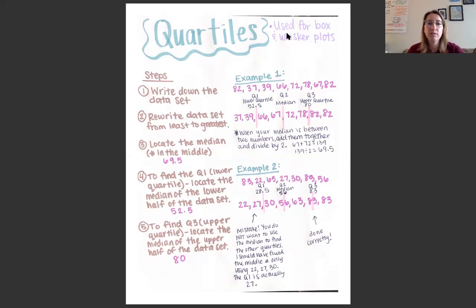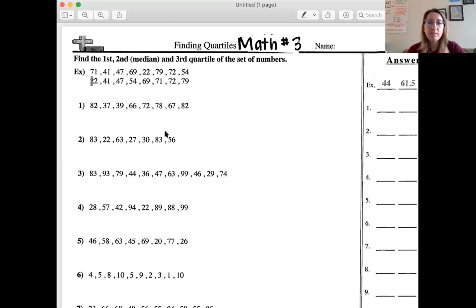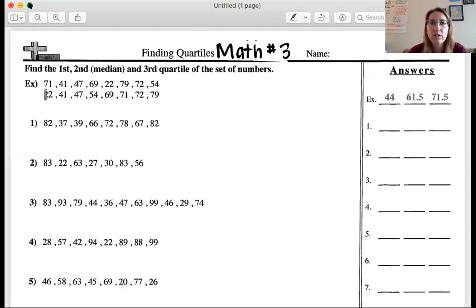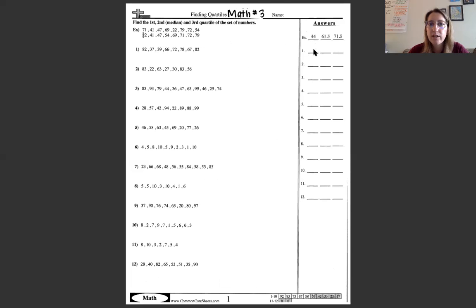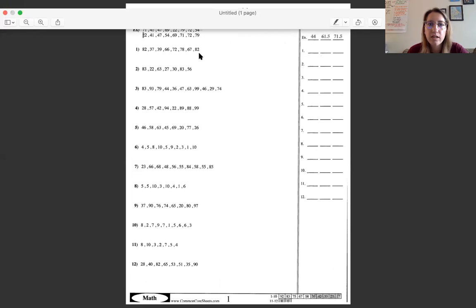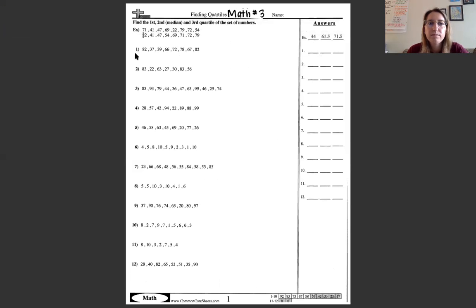So what you would do, I'm going to show you directly on your worksheet. I know it looks different for you. That was number 1. So what you would write here is 69.5 here, because that's your median that goes in the middle.